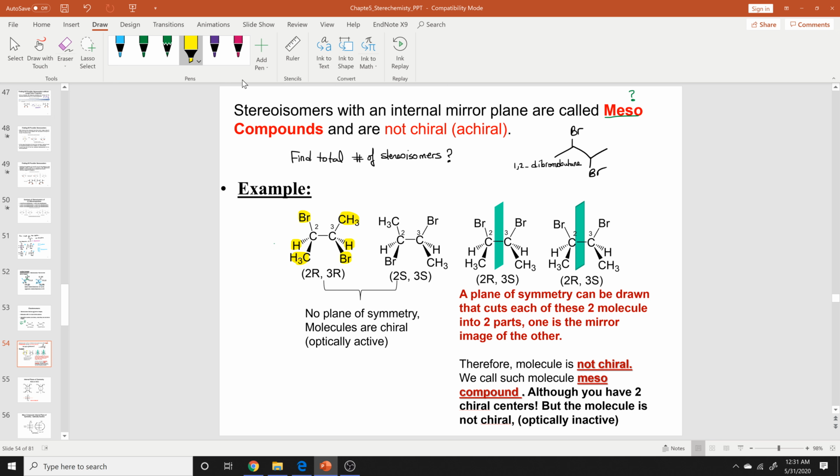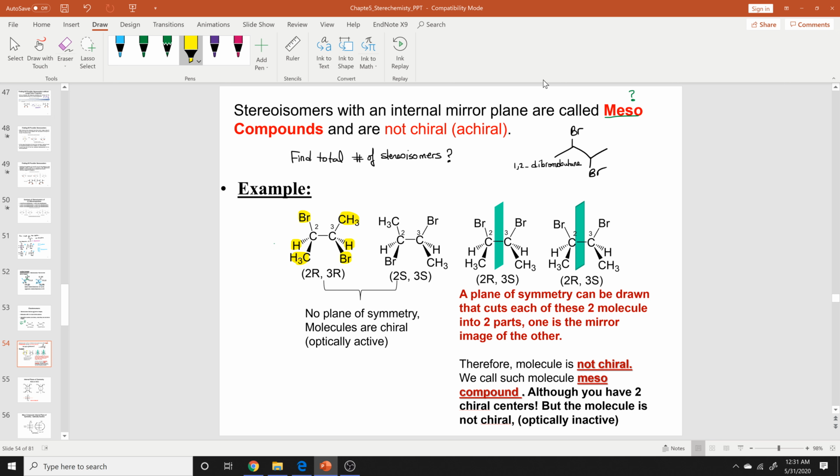And you should be able to draw a plane of symmetry, an internal plane of symmetry that cuts the molecule in half, something like this. So take a look here. Between those two chiral centers, I can draw a plane of symmetry that cuts the molecule in half. Now that plane of symmetry is going to bisect the molecule around the C-C bond, cutting the molecule in half in a way that one is the mirror image of the other.